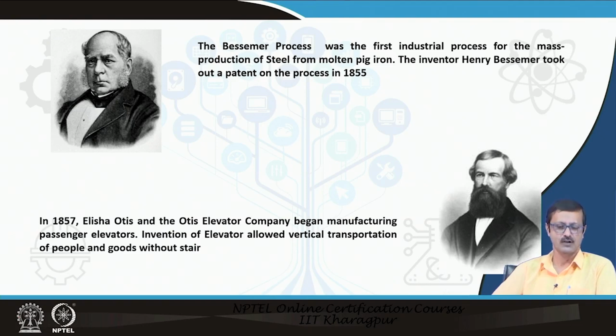That was no more a problem after 1857, because passenger lifts became available. Otis lifts are still very popular anywhere in the globe. The elevator allows vertical transportation of people and goods without stairs, a challenge we could overcome in 1857.